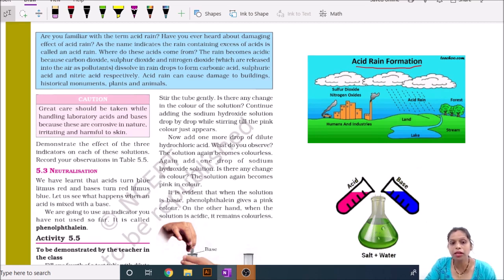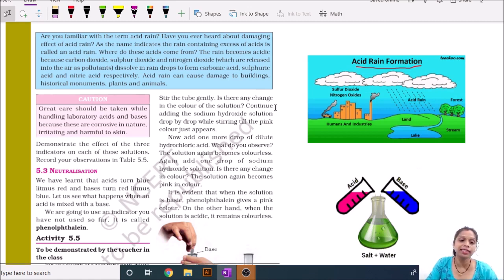That's why whenever they mix with rain drops, they convert into carbonic acid, sulfuric acid and nitric acid and come over the earth with rain. And this type of rain is very dangerous for the survival of earth. Then these are the examples of acid rain.